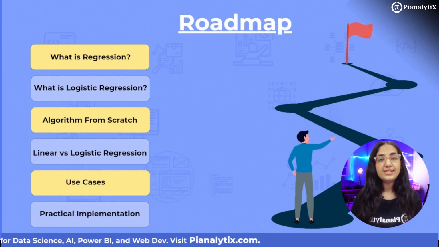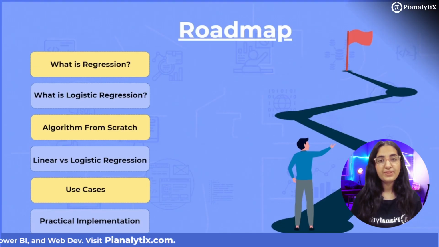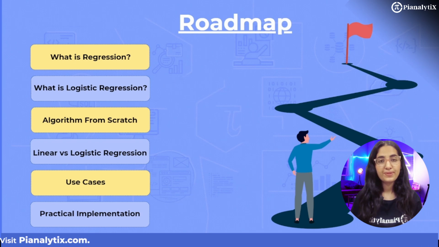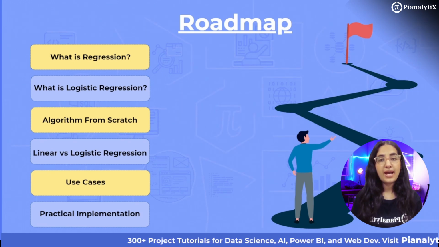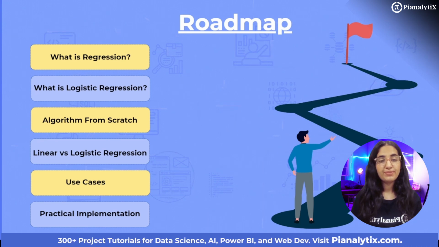Here's the roadmap for what we will cover in this video. First, we'll understand the concept of regression and why it's important. Second, we'll dive into what logistic regression really is and how it differs from linear regression. Third, I'll break down the math behind logistic regression and explain the sigmoid function.